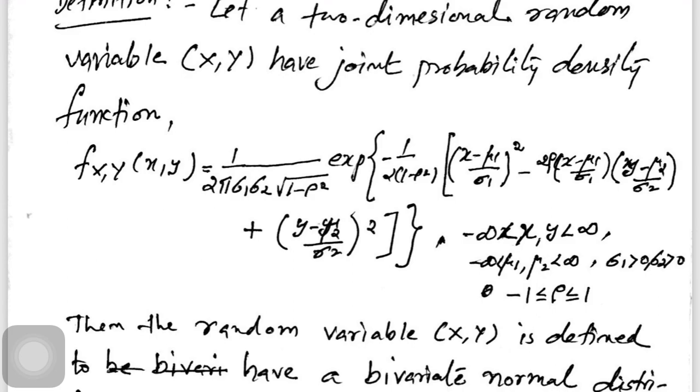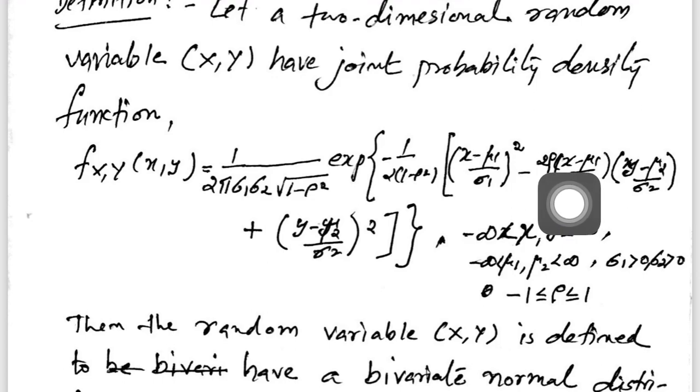What happens? When rho is equal to 0, root of 1 minus rho square becomes 1, and the factor in the exponent becomes minus 1 by 2, and the second term in the exponent vanishes.